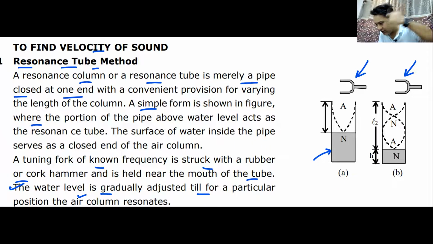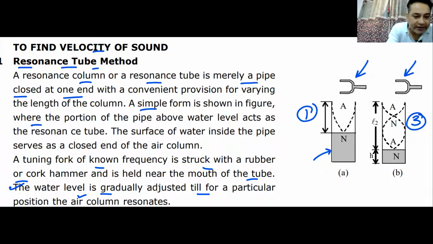First harmonic, third harmonic, fifth harmonic. That is what we have. When resonance happens, the frequency of the tuning fork and the frequency of the air column match. Remember, this is the first harmonic and this is the third harmonic. Do we remember this? That's it. Well done.